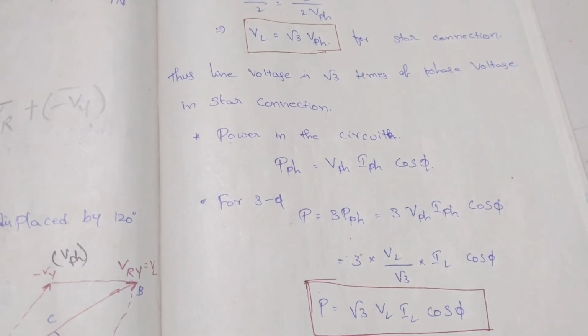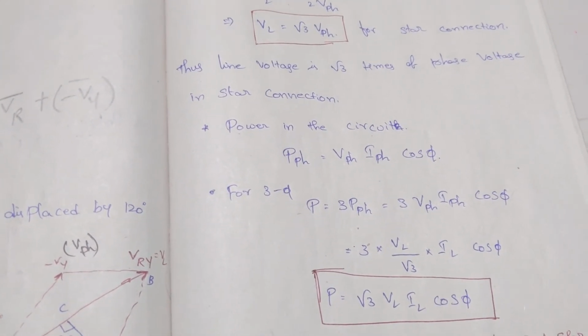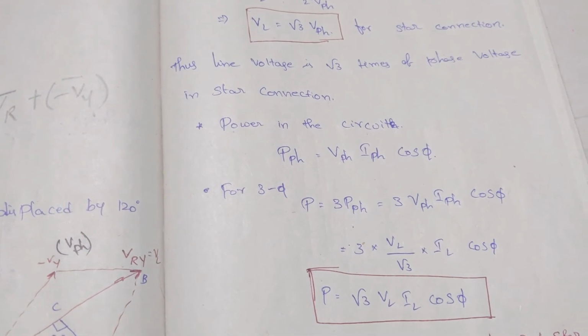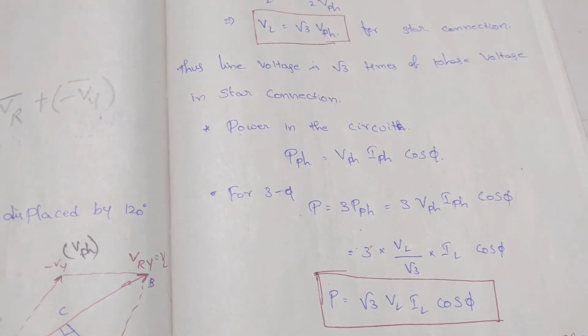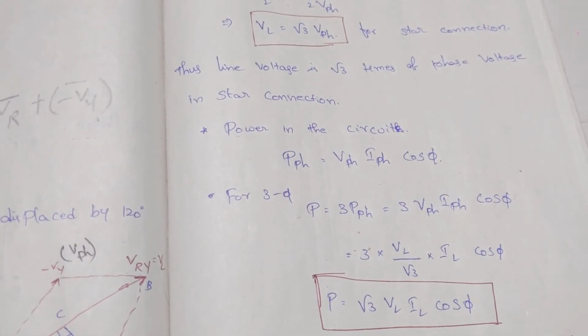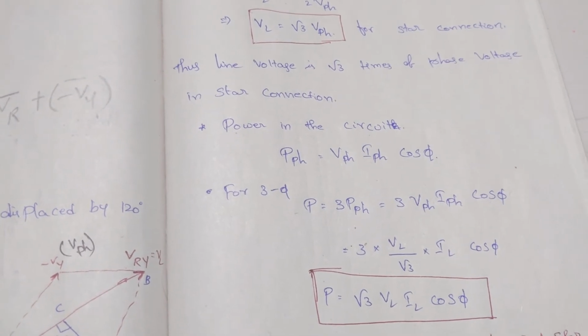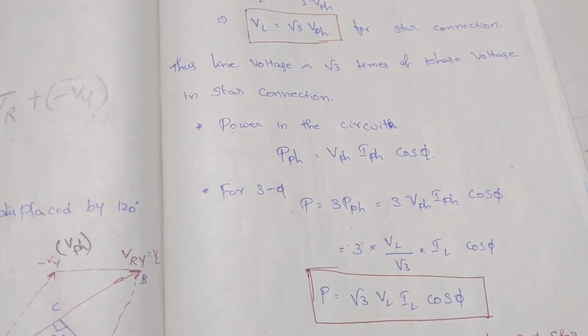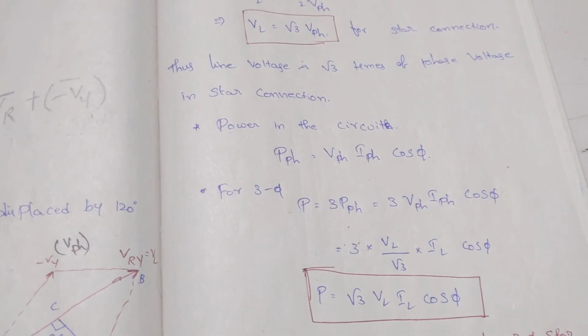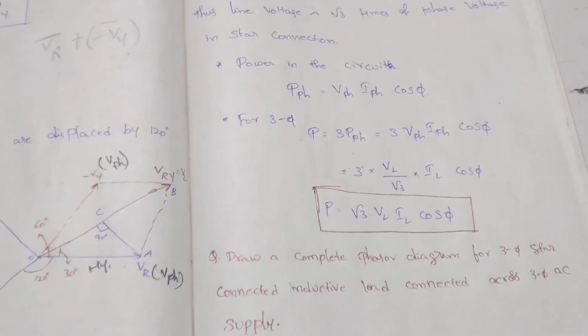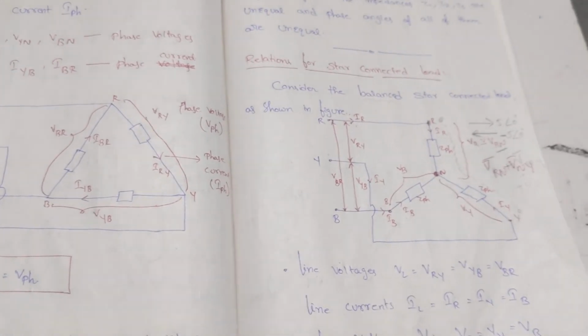So with this, the power will be equal to root 3 times line voltage and the active component of line current. So this is the relation for a star connected load.